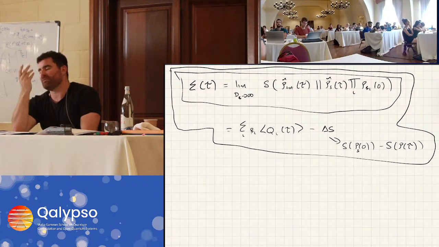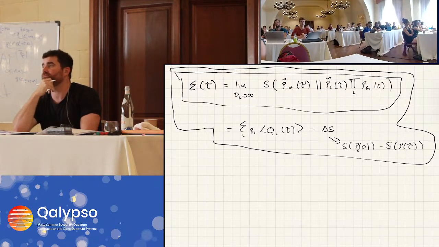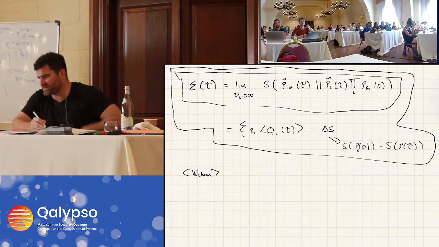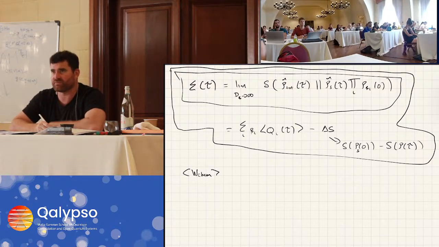What happens essentially is you get another contribution in chemical work. It's not too difficult to see. It's exactly the same, it just becomes even more laborious.